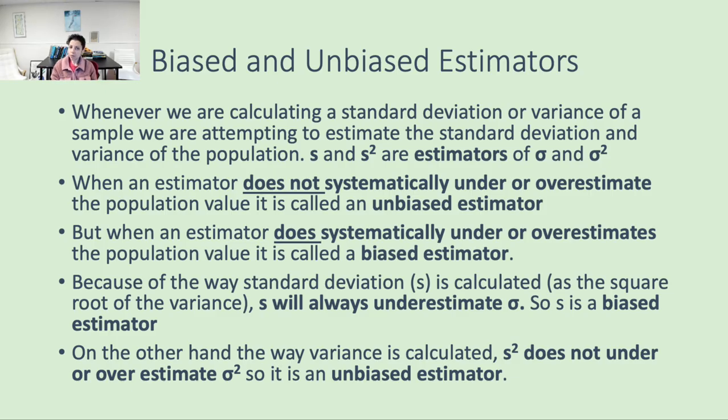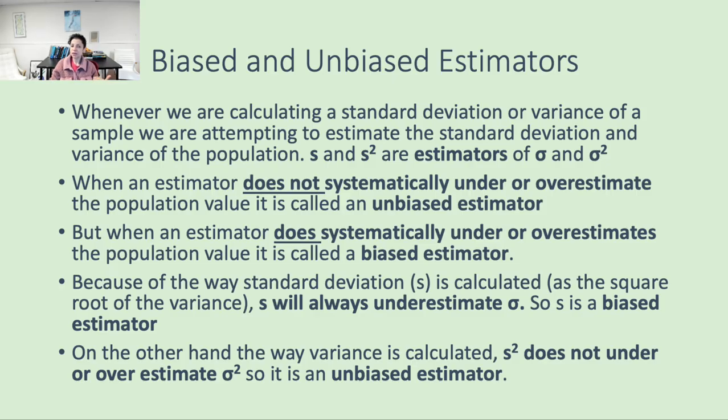The standard deviation of the sample is an estimator of the population standard deviation, and the way it is calculated, with the square root, will always underestimate. So S will always underestimate sigma. So standard deviation is a biased estimator.